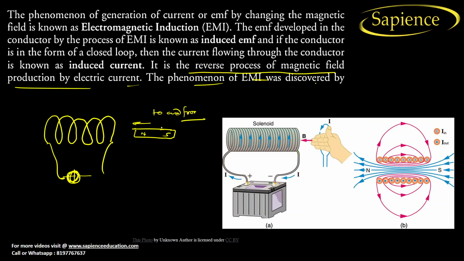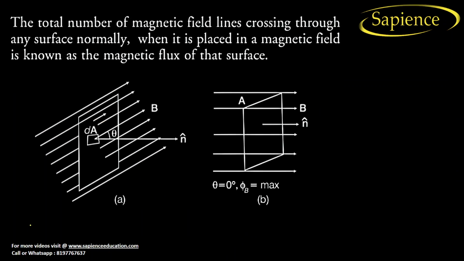When you move to and fro, it will create induced current, or induced EMF. This is the phenomena of production of electromagnetic induction. We will study the details more.